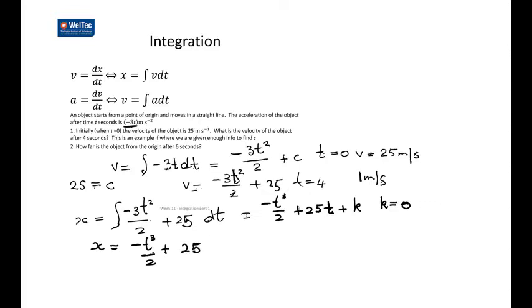Now we need to put 6 seconds in there. So when t is 6, we can work out the distance. The distance is 42 meters. So the answer for the final part is 42 meters.